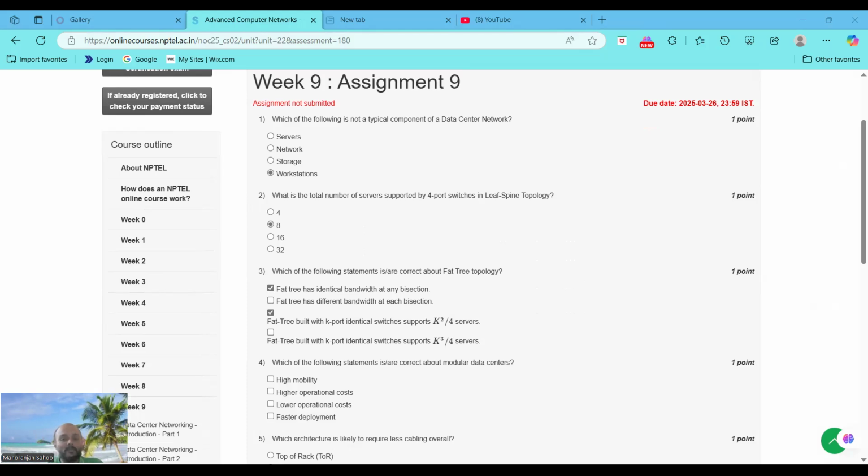For K equal to 4, 4 square by 4 is equal to 4 servers. The last option D is a false statement because it overestimates the server count, and the correct formula is K square by 4. So we choose option A and option C.